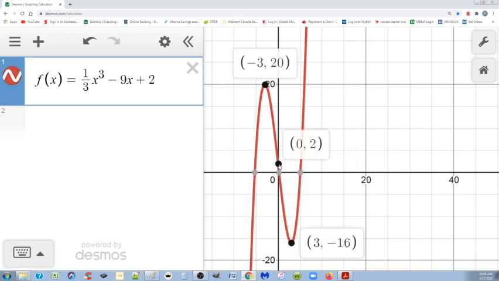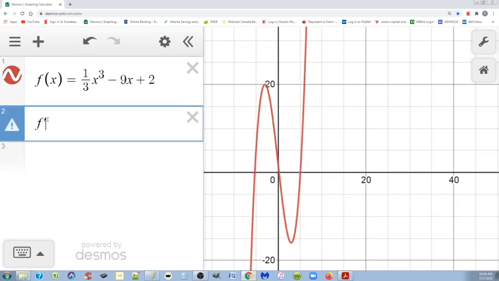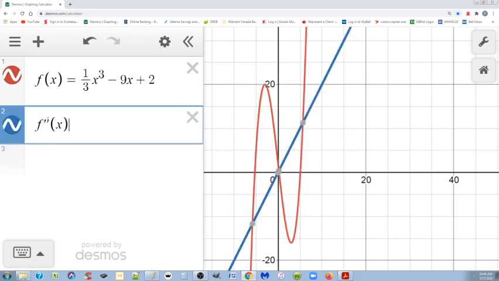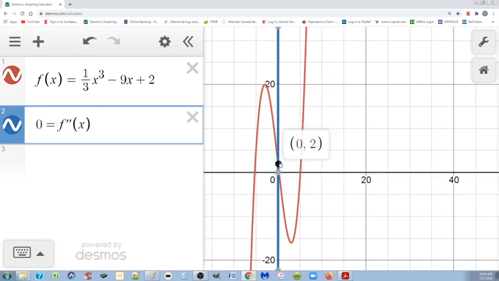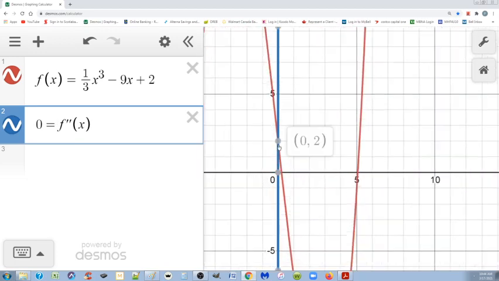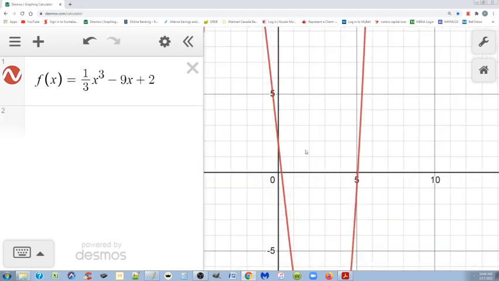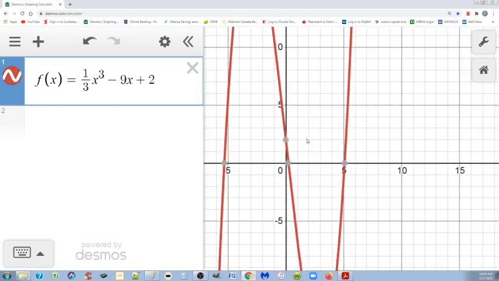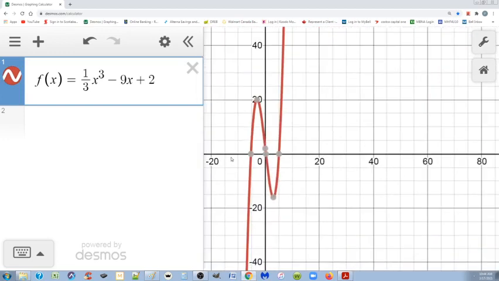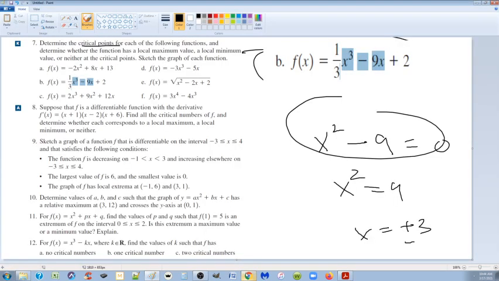And see this point right here? First of all, let's take the second derivative, and we're going to set it to 0. And we're going to discover that that point right there is the inflection point. It's the point where the graph starts changing its slope. Okay, don't need to do more on that.